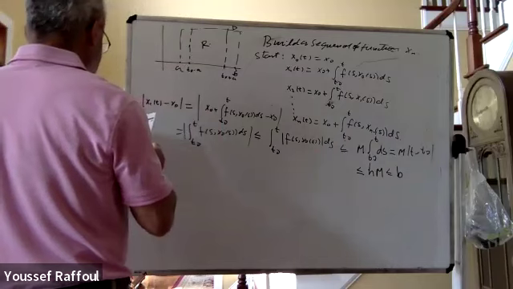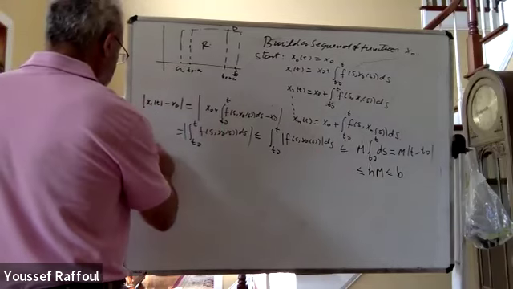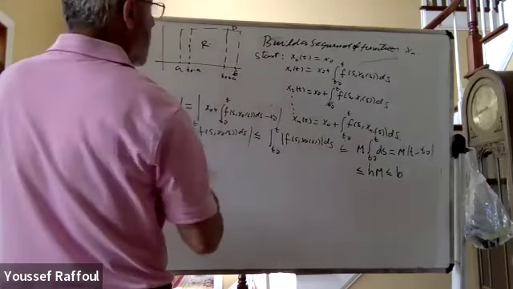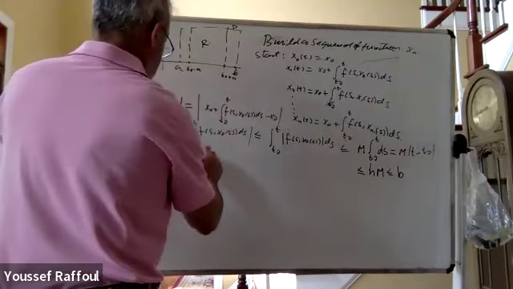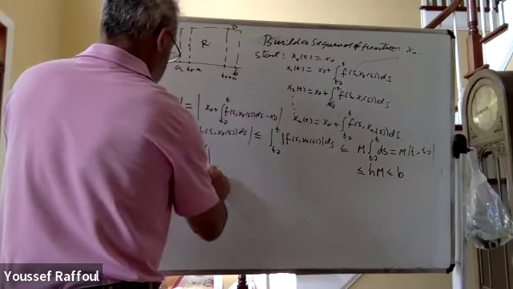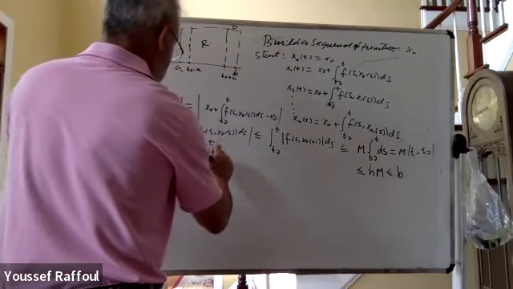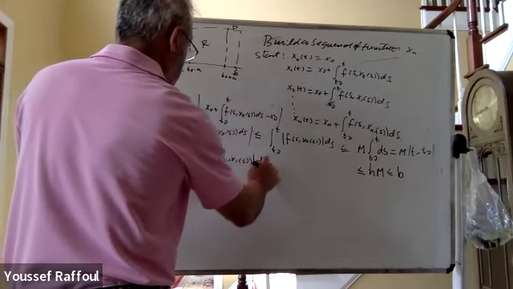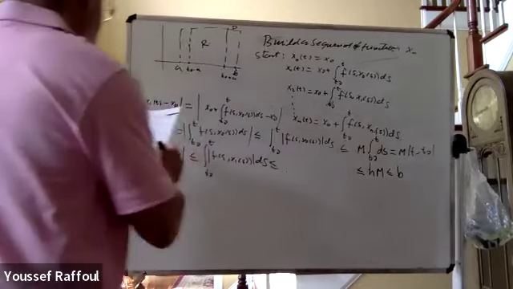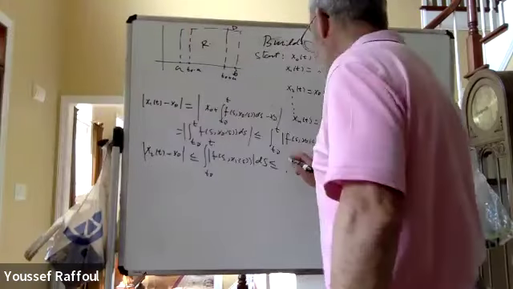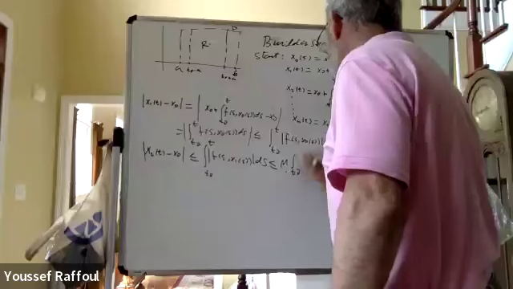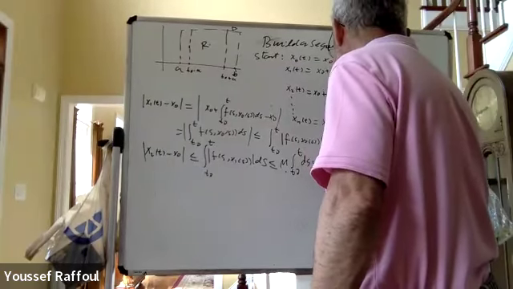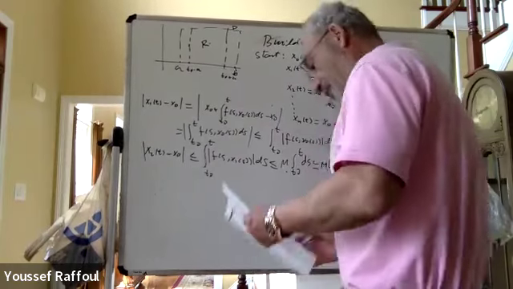Again, |x2(t) − x0| is less or equal to the integral from t0 to t of |f(s, x1(s))| ds, and this is less or equal to, again, m times (t − t0), which is less or equal to mh, which is less or equal to b.